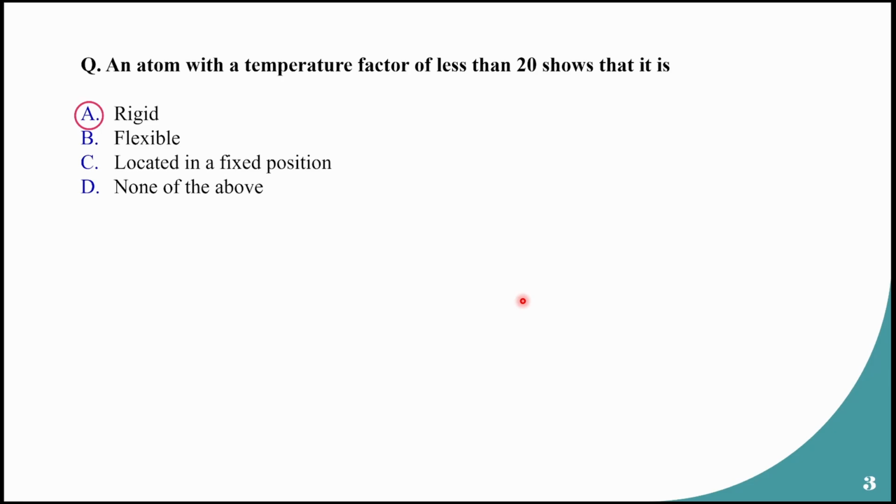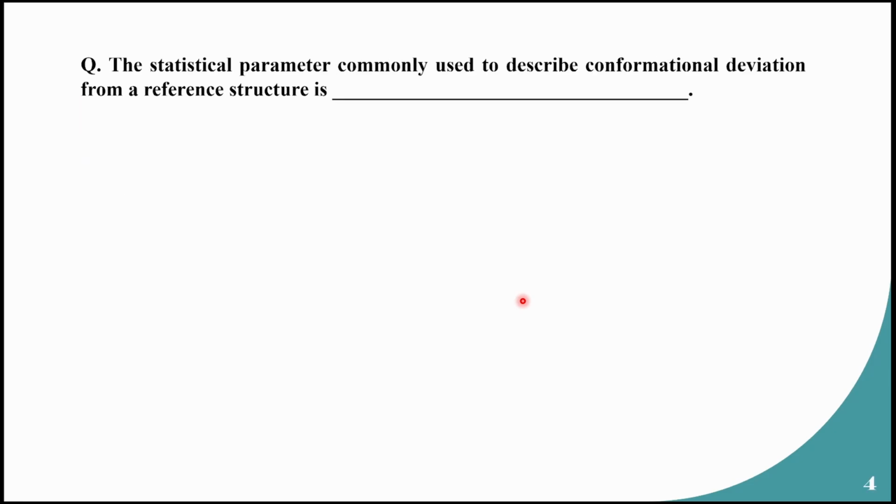We went over these concepts, and then we also tried to compare different structures. If you have the same structure, or different conformations crystallized for the same protein, say the same residue range, then you can check the overall difference between the structures using statistical parameters.